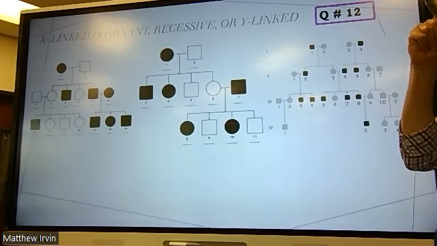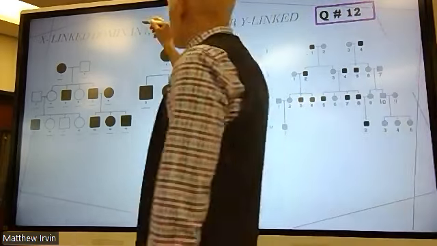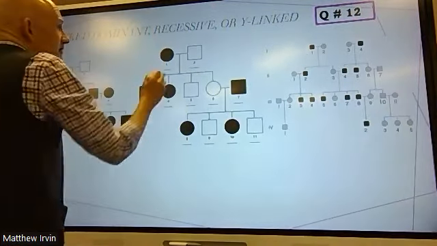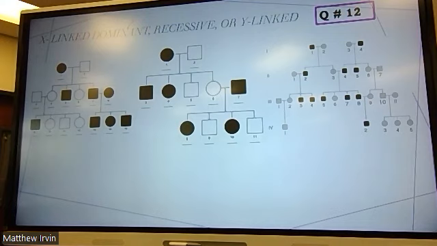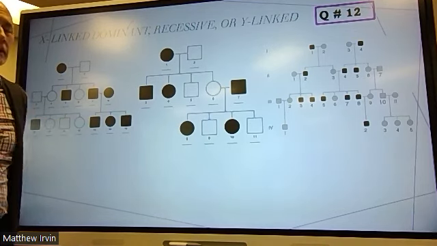So if we look at these three pedigree charts to decide which one is X-linked dominant, recessive, or Y-linked, remember that circles are representing females, squares are representing males because boys are blockheads. And if it's shaded, it has the trait. If it's not shaded, it doesn't have the trait.